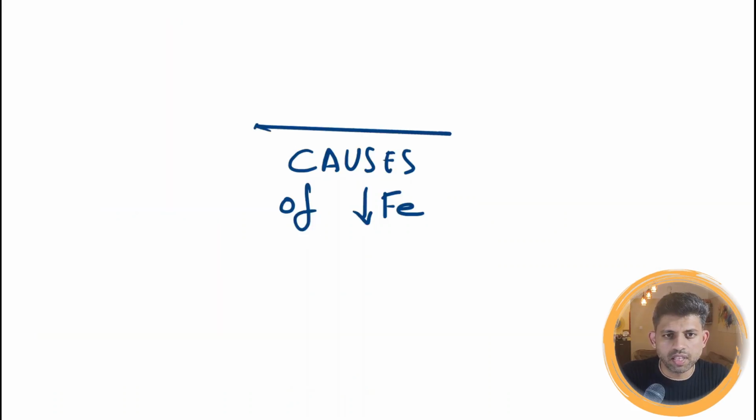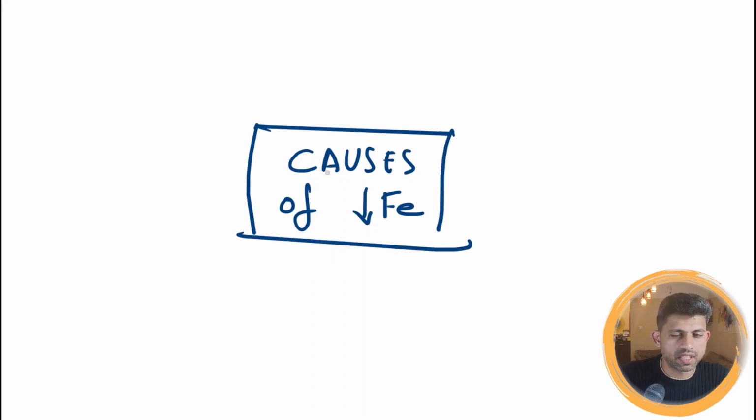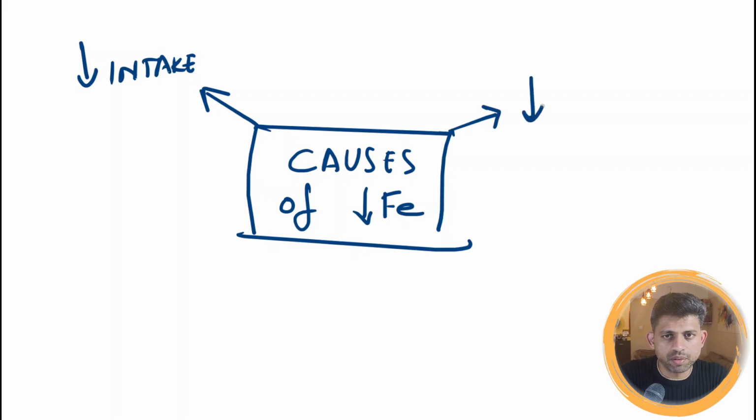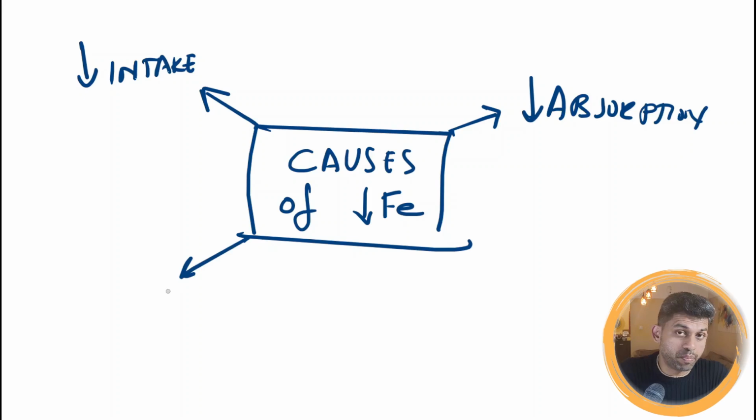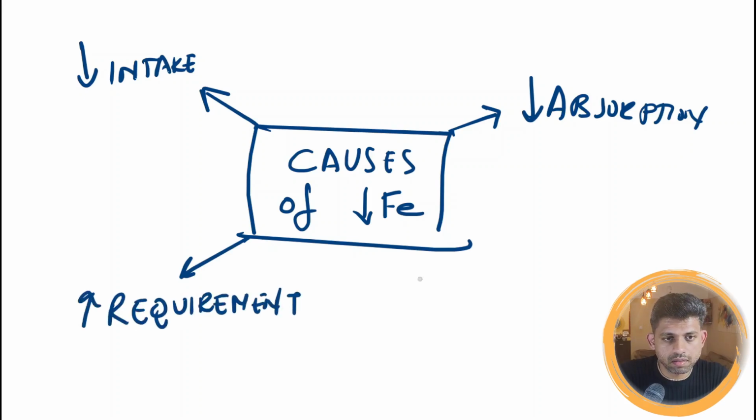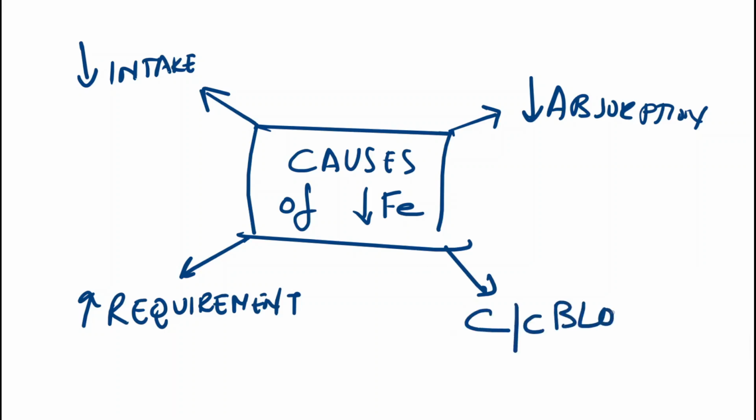Now let's look at the causes of iron deficiency. Iron deficiency can be caused due to reduced intake of iron, or it can be due to reduced absorption of iron from the gut. It may be due to increased requirement or due to chronic blood loss.